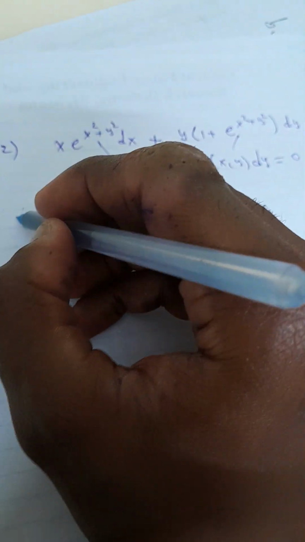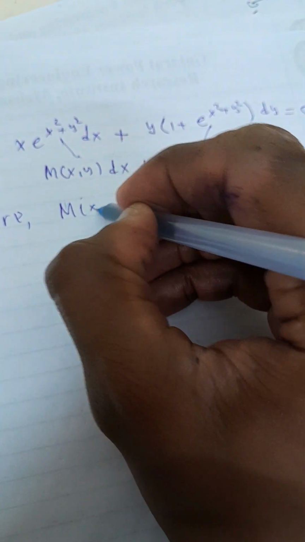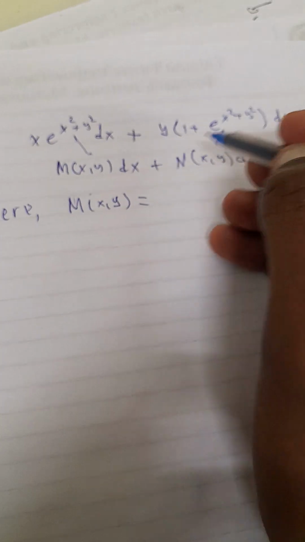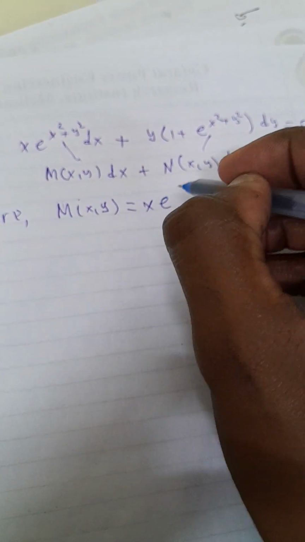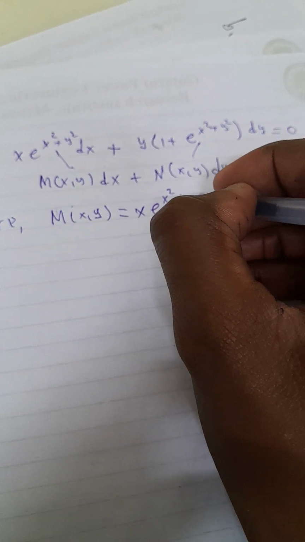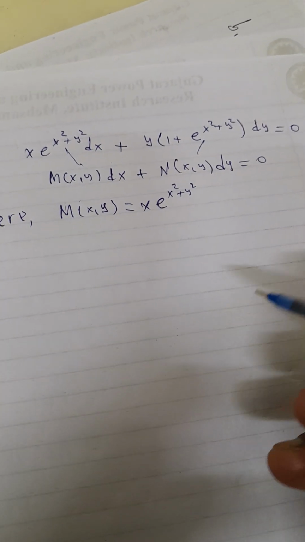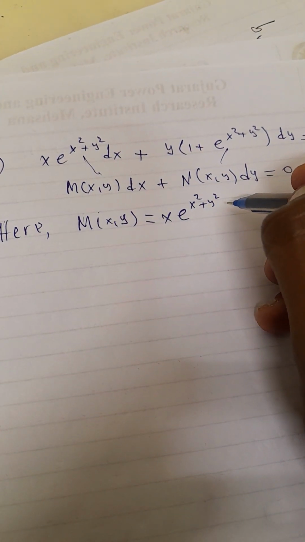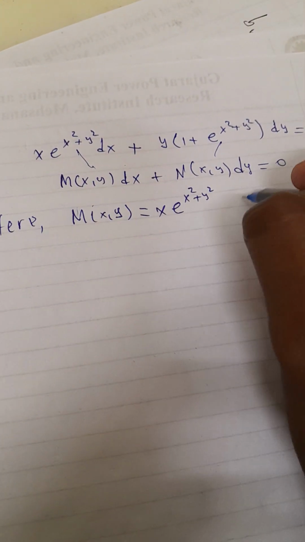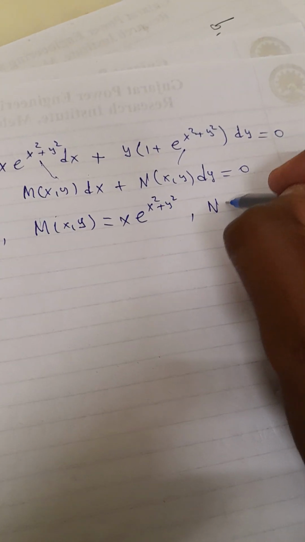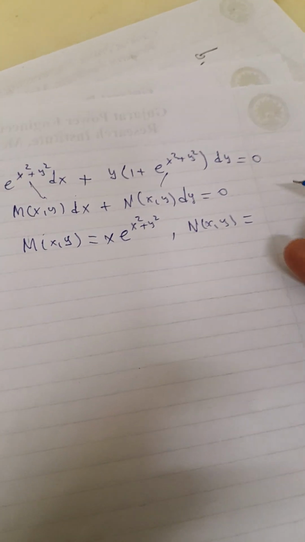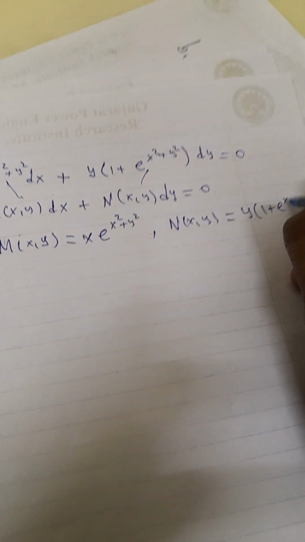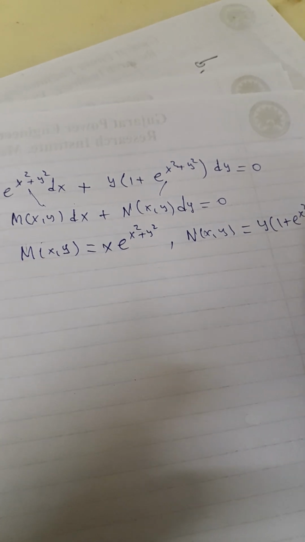So M(x,y) will be equal to x Euler raised to x squared plus y squared. And N(x,y) is equal to y times 1 plus Euler raised to x squared plus y squared.